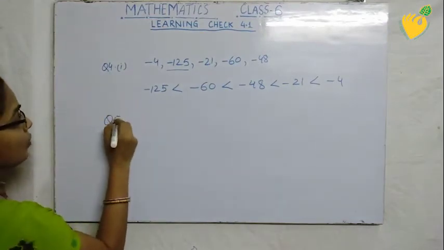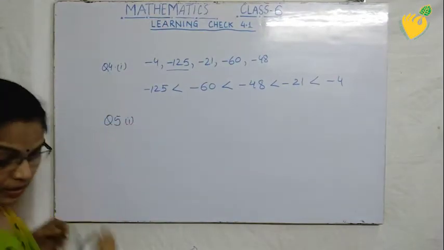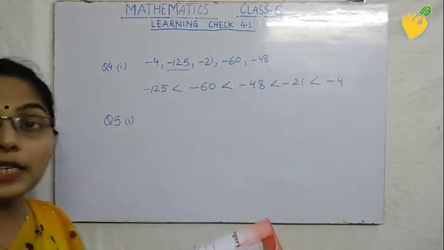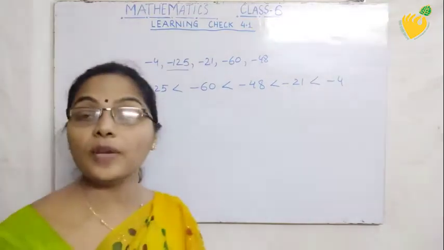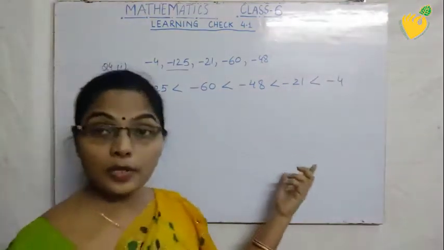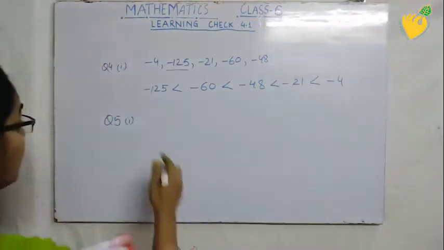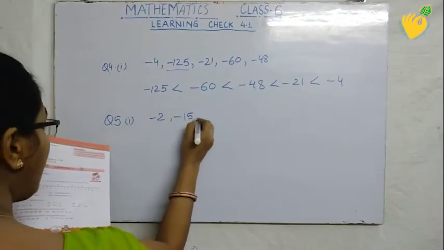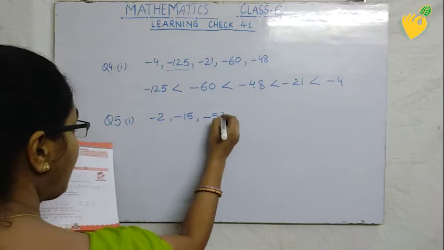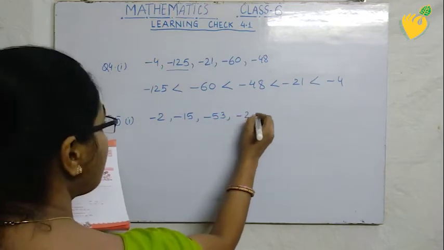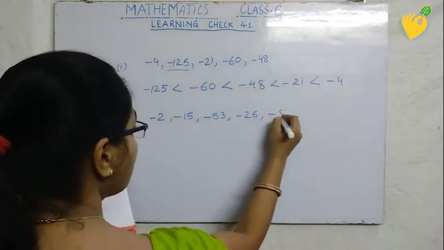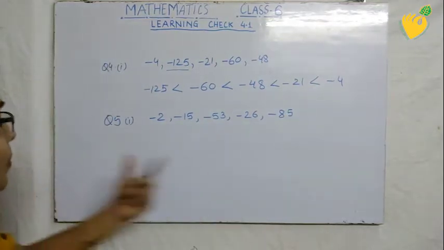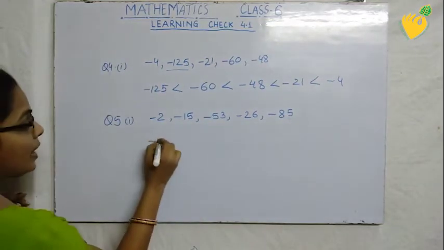Similarly, students, question number 5 is you have to arrange the following integers in descending order. Descending order means from greater to smaller. The question is minus 2, minus 15, minus 53, minus 26 and minus 85. So students, tell me which one is the biggest one?